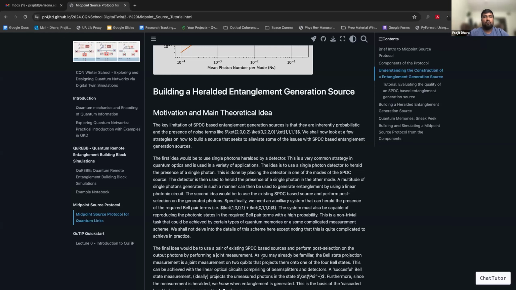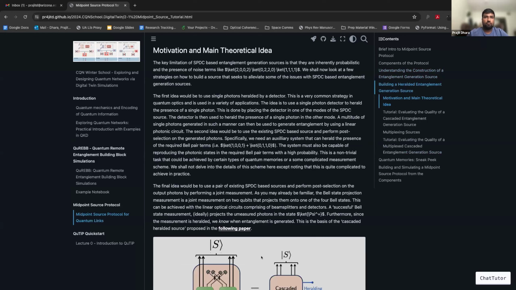The final idea would be to take the SPDC source and somehow do a post-selection on the source, not by detecting all of its modes, but by combining it with another identical source and doing a joint measurement on it. The best idea here is that I need a Bell pair to come out.